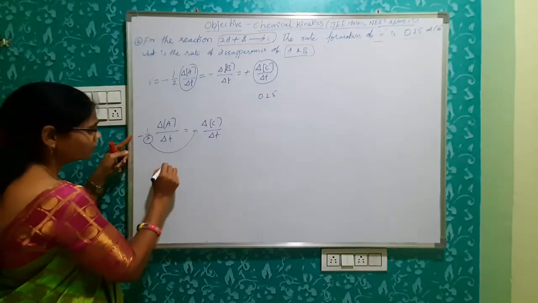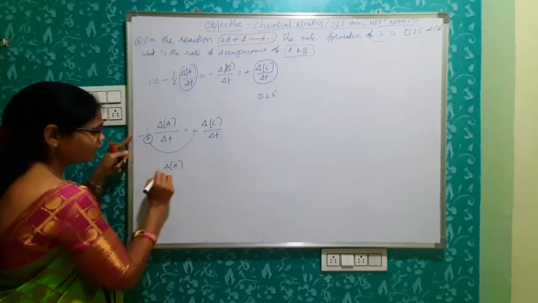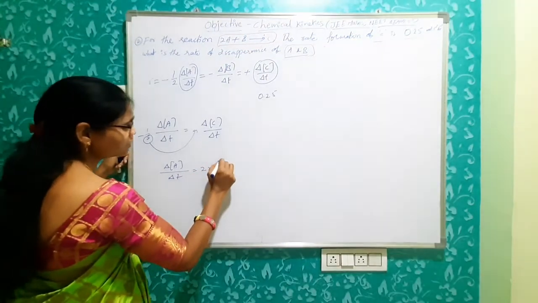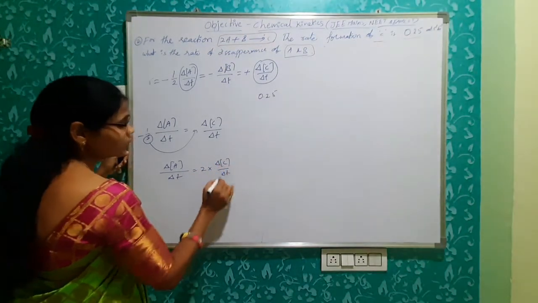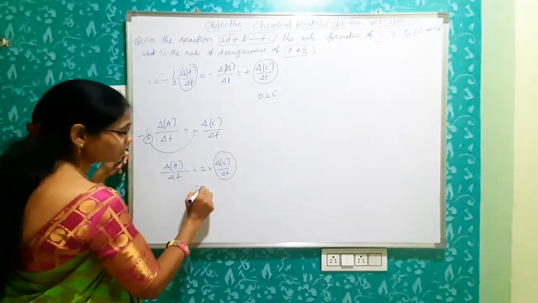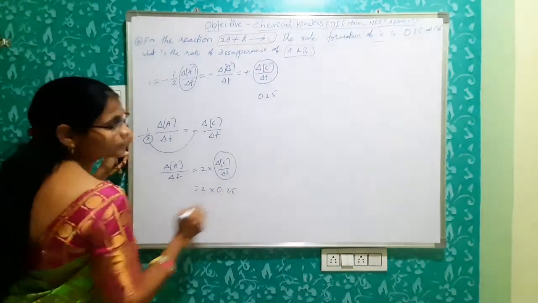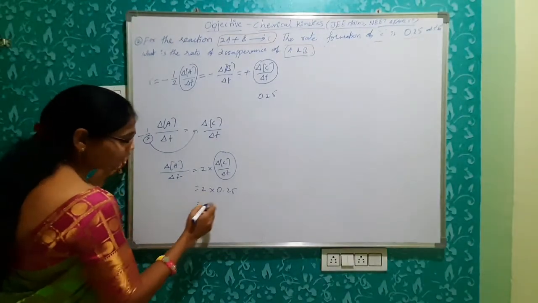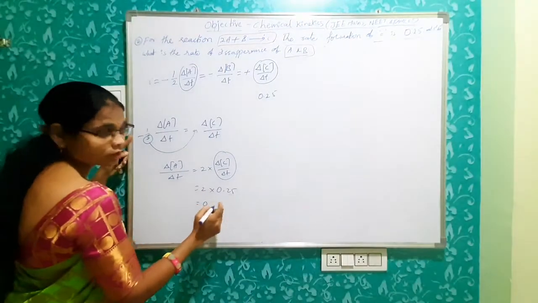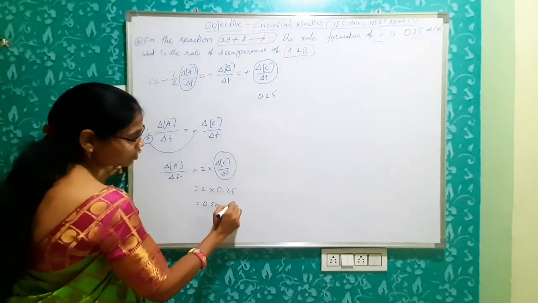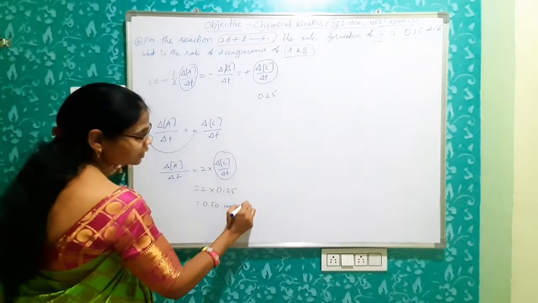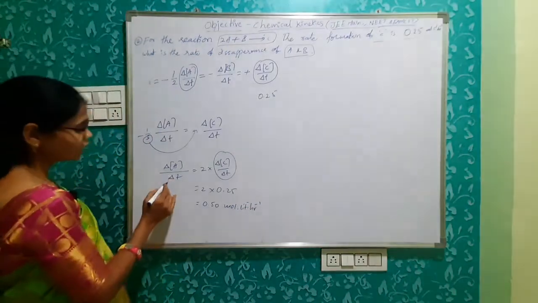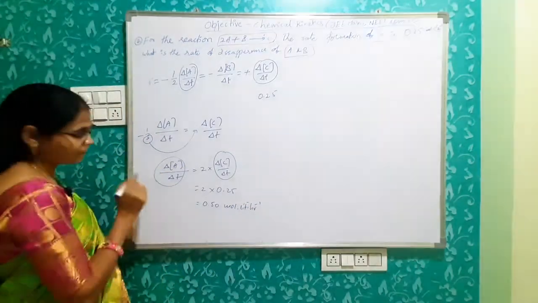So simply delta A by delta T equals 2 into delta C by delta T. The rate of formation of C is 0.25, so 2 times that is 0.50 moles per liter per hour. So this is the rate of disappearance of A.